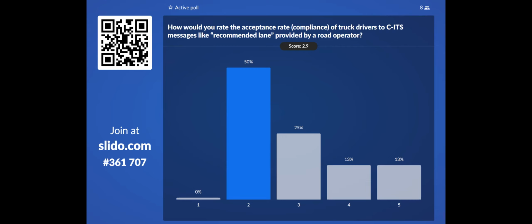So that's why we have formulated the following question as well: what incentives could be given to truck drivers in order to achieve, let's say, a higher compliance with the routing, the lane change service? So that's one of the results that we have expected here.